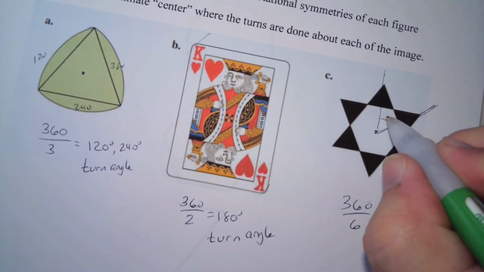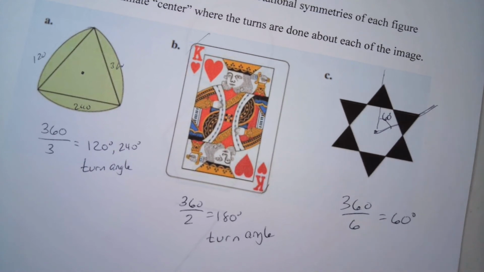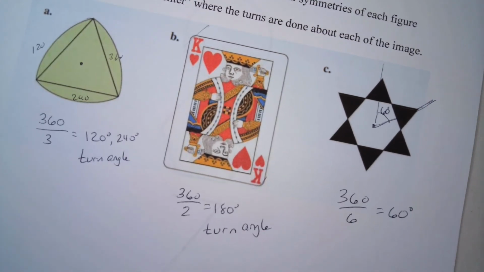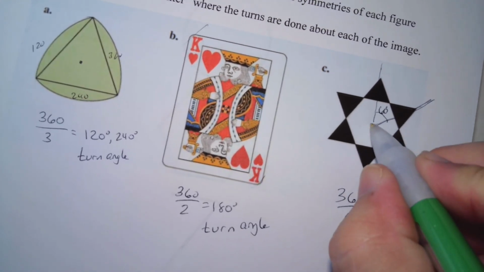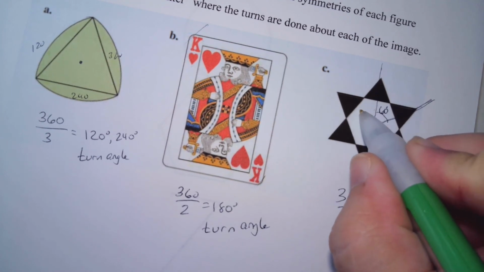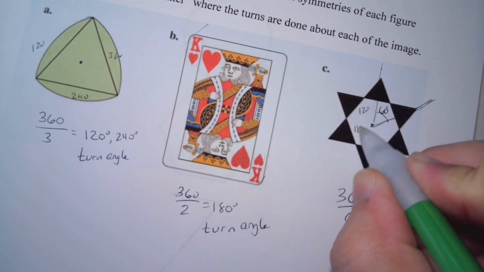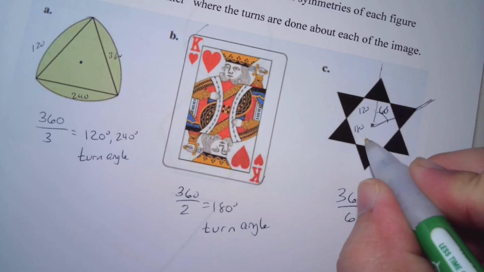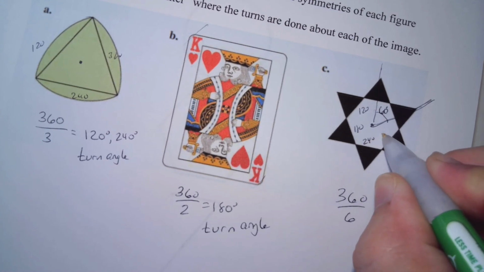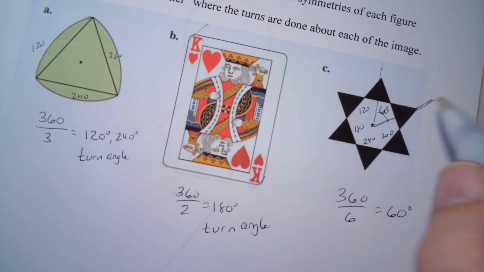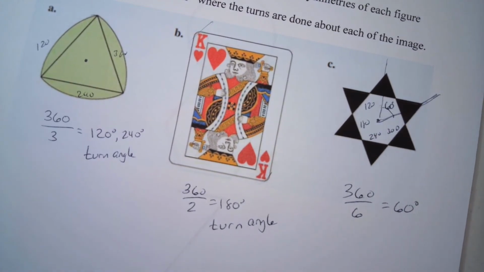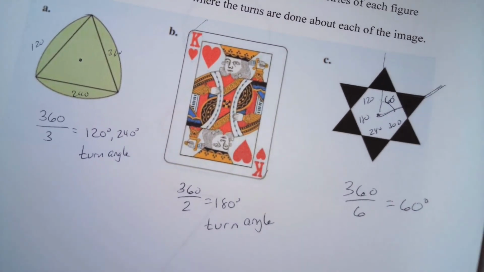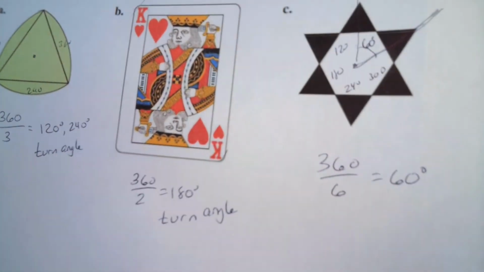So each of these are 60 degrees. 60 plus 60 is 120, 180, 240, 300, and then 360. So those are all the turn angles, the measures. You have to list all of them.